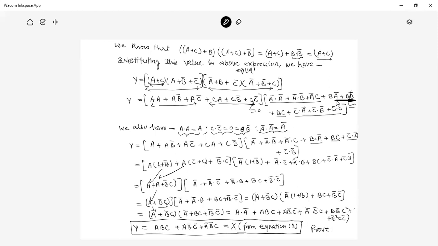Now the second bracket, if we see, again here it is A bar into B bar. So A bar taken common, so 1 plus B bar is 1. So this term is here. Now it is A bar C bar, here it is A bar B, here it is BC, here it is B bar C bar, and this is BC.